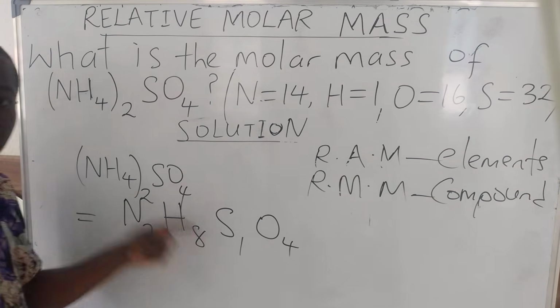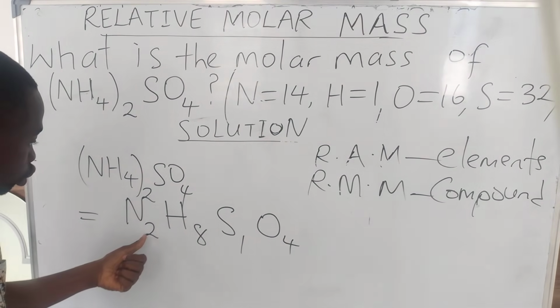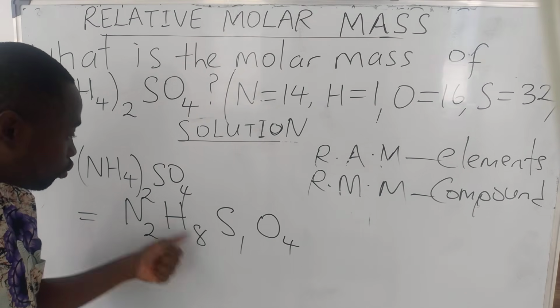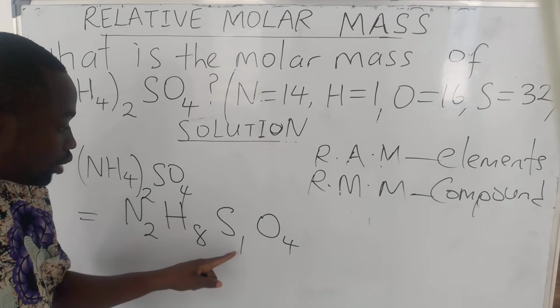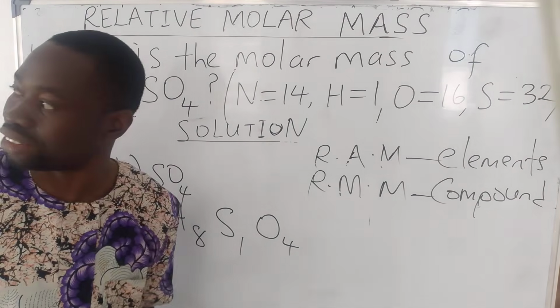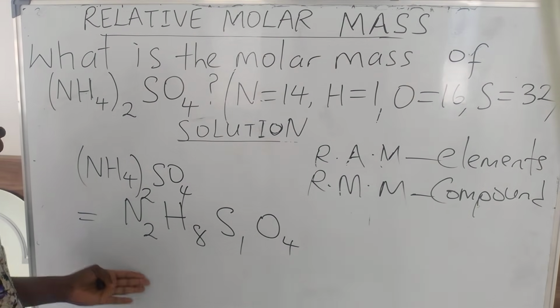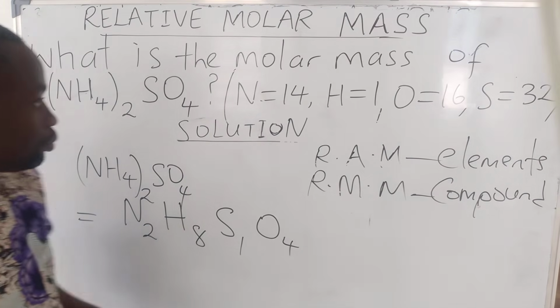So that means in this compound we have 2 atoms of nitrogen, 8 atoms of hydrogen, 1 atom of sulfur, and 4 atoms of oxygen. So this is what I'm going to use to solve the question.